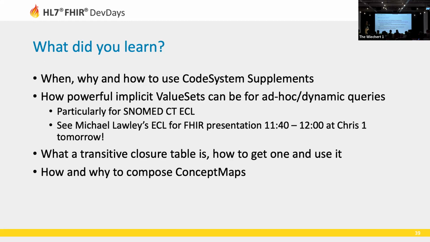Looked at implicit value sets and how useful and powerful they are for doing ad hoc things, particularly being cacheable, and they can be used for providing dynamic functionality as well, which is pretty good fun. Really good for SNOMED CT ECL, but then another plug for Michael's talk on bringing that to everything else as well as SNOMED CT. Had a look at transitive closure and what that is and why you might want to use that and how to use it.